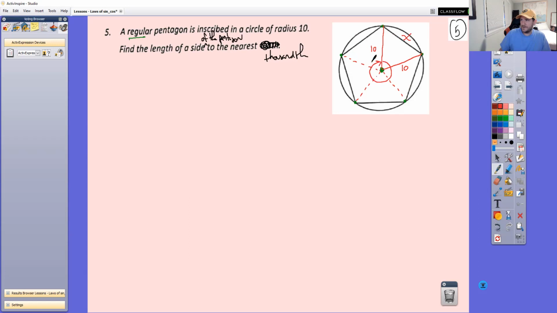So those 5 angles would have to add up to 360, but don't forget that we're regular. So we're talking about all 5 sides being congruent, all 5 angles here are congruent. That does translate to all 5 of these central angles having to be congruent as well. So if we call that central angle theta, then we know that theta would have to be 360 divided by 5, which gives 72.